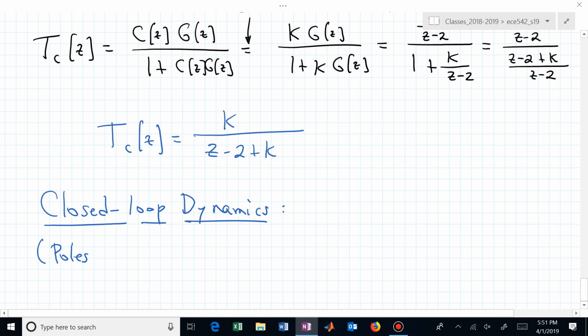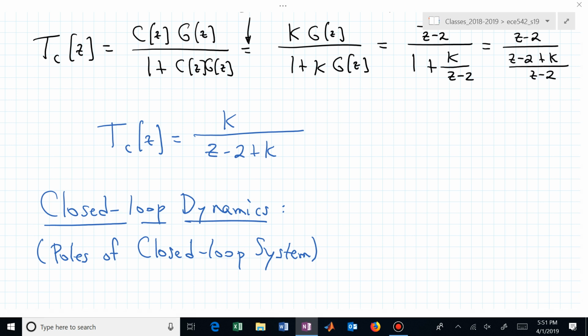Or what are the poles of the closed loop system? What did we just say they were? Or what would they be? If I handed you a transfer function, what would you pull out of that transfer function to give me the dynamics?